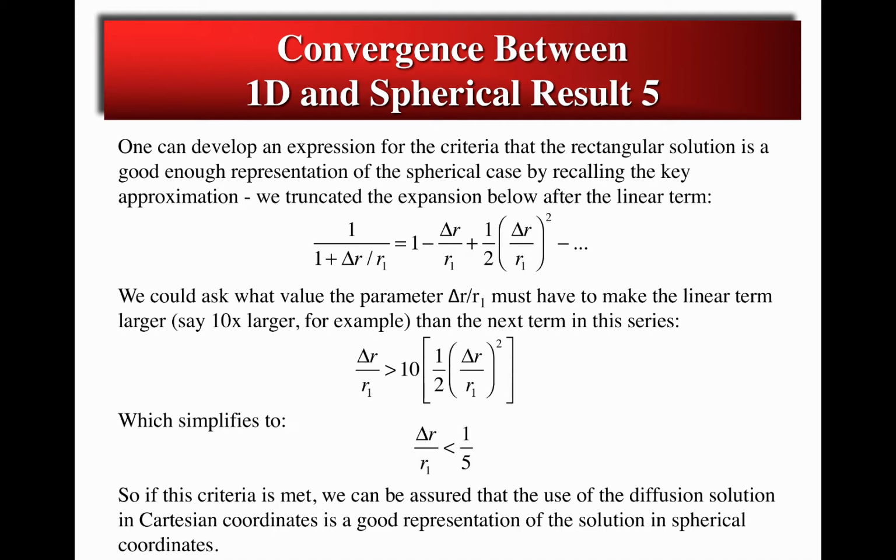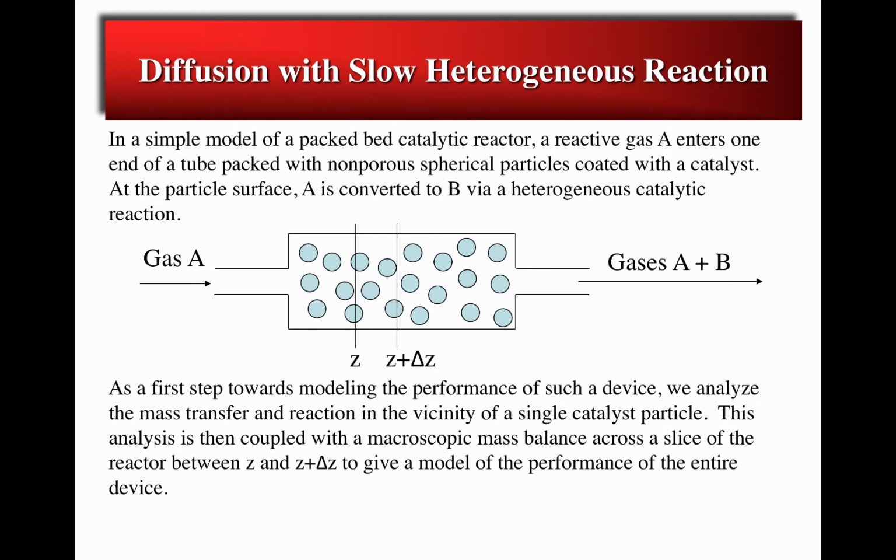This turns out to be important in, for example, gas phase catalytic reactors, where we have a reactive gas entering the end of a tube packed with non-porous spherical particles that are coated with a catalyst.